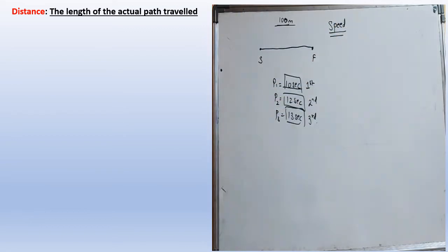When an object covers some distance in per unit time, then the distance covered in that unit time is called speed. Speed can be defined as the distance covered by an object in per unit time.